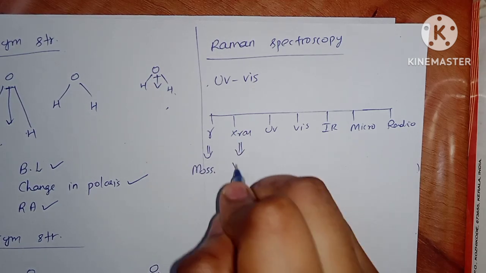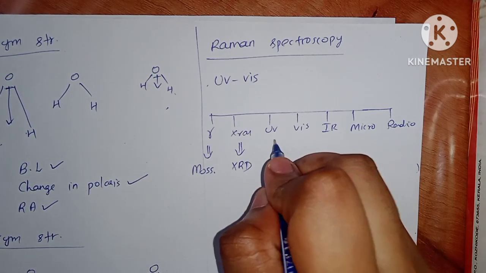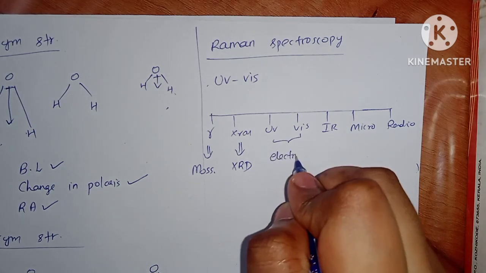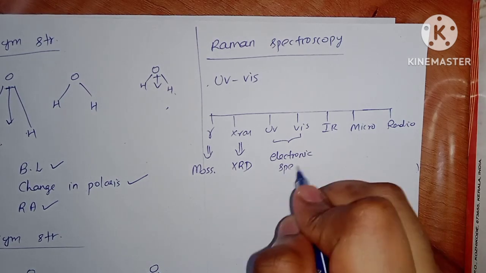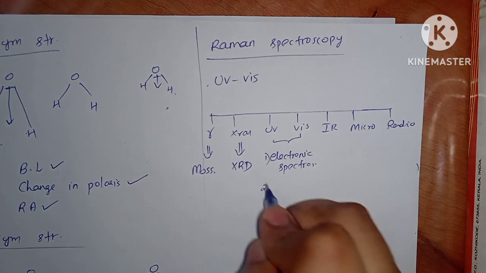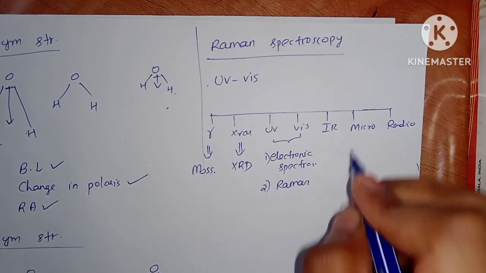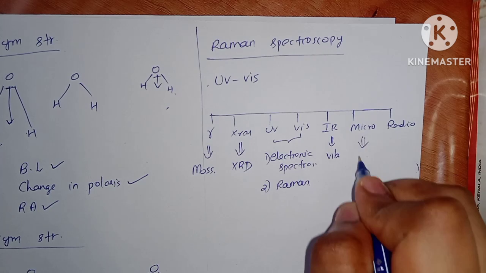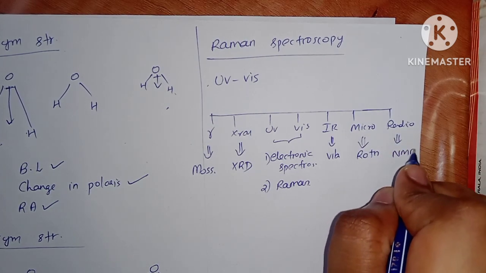X-ray is used to study X-ray diffraction of crystals, the XRD technique, and UV visible is mainly used as electronic spectroscopy, which we will cover in coordination chemistry, how molecules show electronic spectroscopy. And as we mentioned, UV visible is the radiation we use in Raman spectroscopy also. IR radiation is used in vibrational spectroscopy, microwave in rotational spectroscopy, radio in NMR spectroscopy.